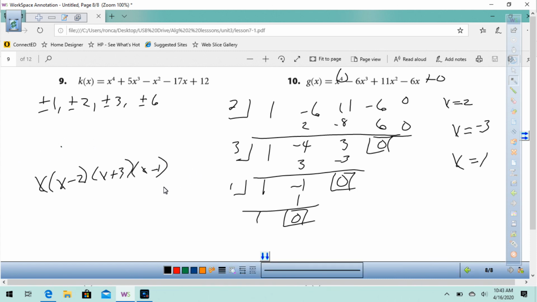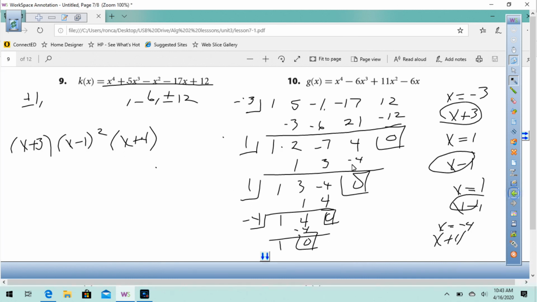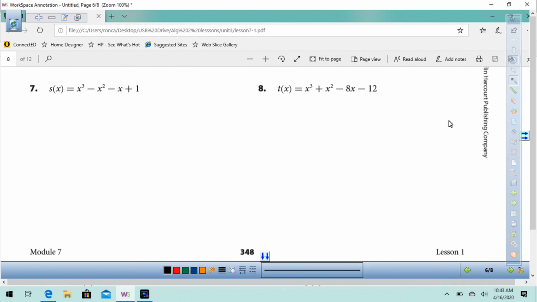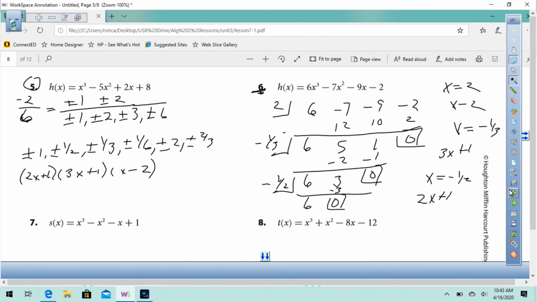All right, because you got x to the fourth, you got 1, 2, 3, 4 x's. Let's go back. X to the fourth, you got 1, 2, 3, 4. Let's go back again. You were supposed to do 6. You got 3. You got 1, 2, 3 x's. Okay, see how that works?